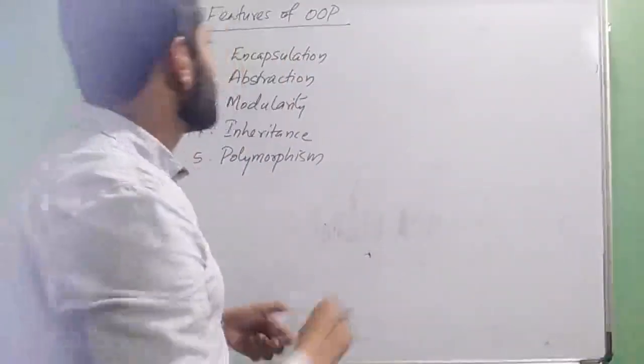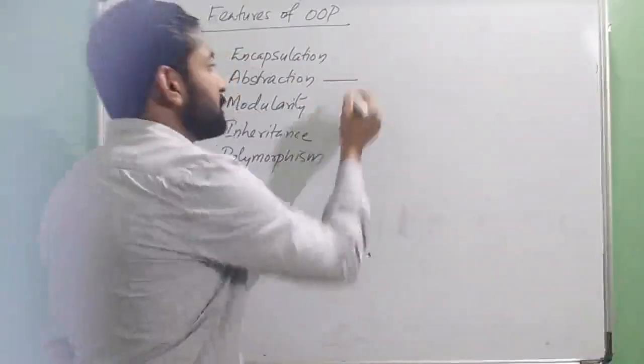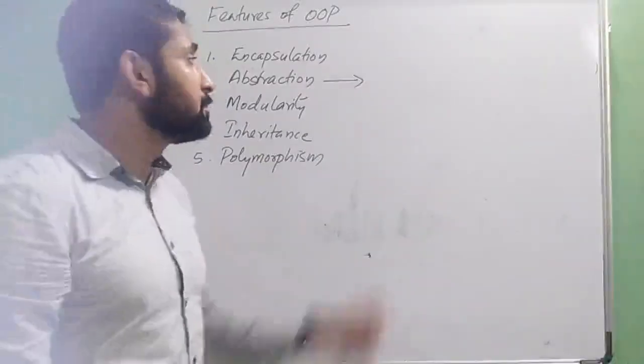Now, the second one is, in object-oriented programming, abstraction. What is abstraction?